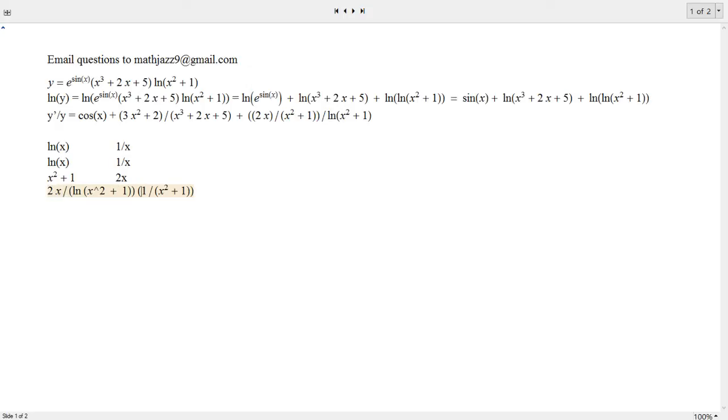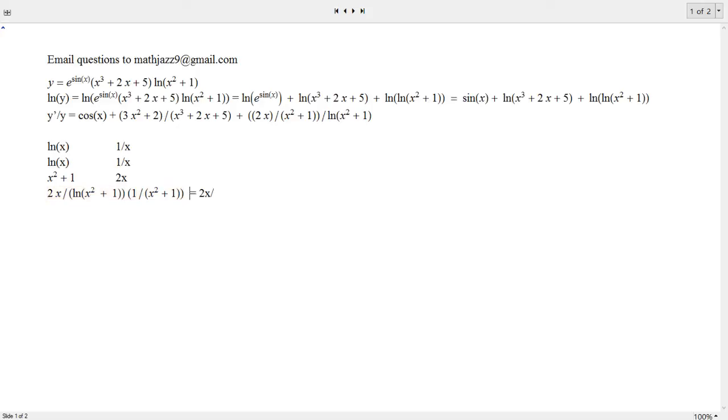Multiplying fractions, we can multiply across. The top of the first fraction is 2x, the top of the second fraction is 1, and 2x times 1 is 2x. The bottom of the first fraction is the natural log of x squared plus 1. The denominator of the other fraction is x squared plus 1.